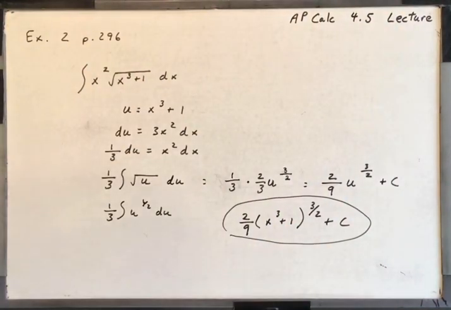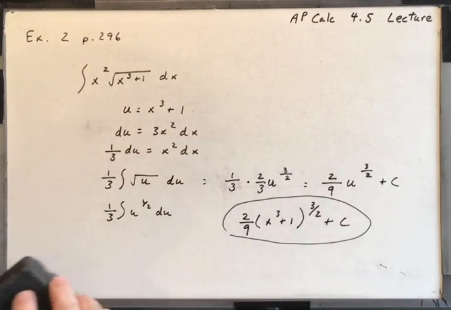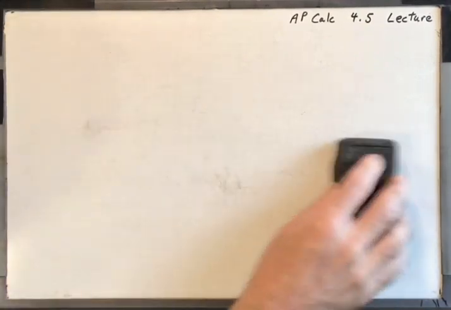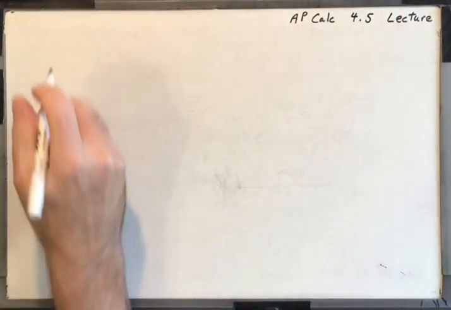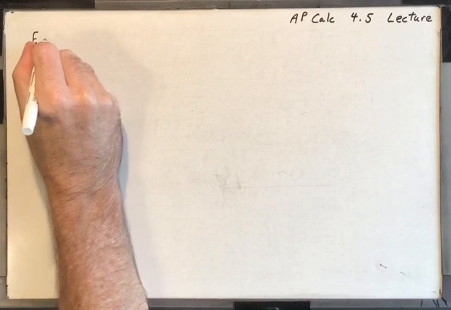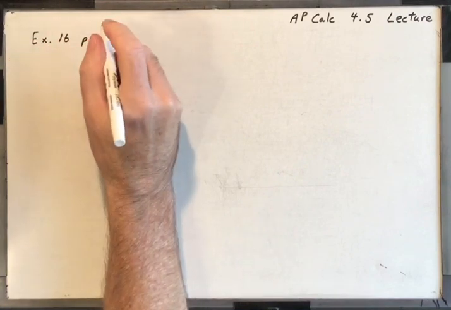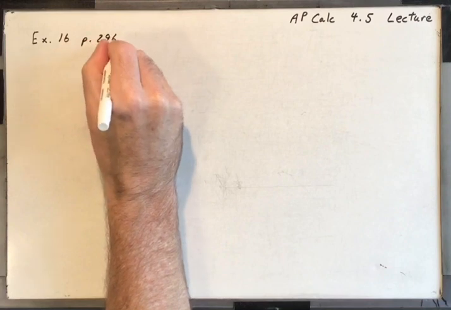All right, I hope you're feeling better about all this now. Let's do one more, one that's a little bit fancy, but not too bad. This is example 16, page 296.